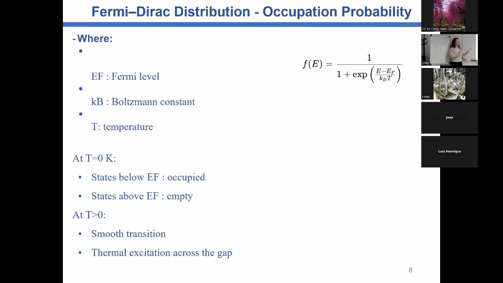But I will discuss this more next week. The Fermi level is fundamental to construct a device, because when you make this interface, the Fermi energy will be aligned across the interface.